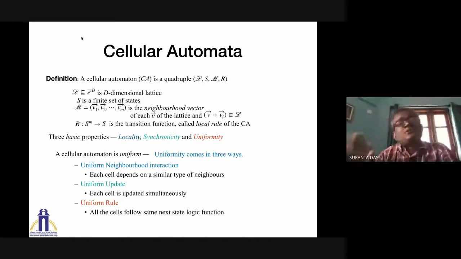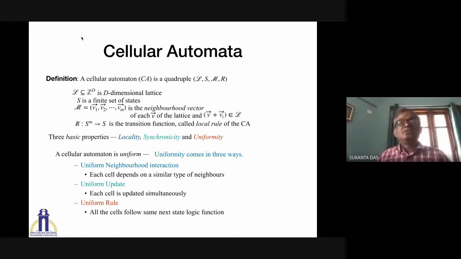Apart from that, when I'm specifying a particular uniform rule, that is also unifying the neighborhood dependency. So we can identify these three basic uniformities in a classical cellular automaton.